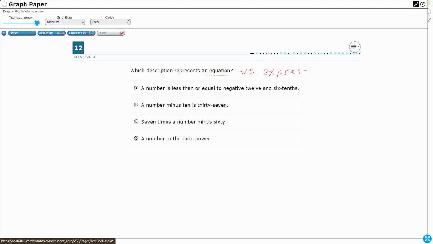So let's define before we move on. Let's first talk about what is an expression. An expression is basically a math phrase, and here's the key: it does not include the equal sign. So an expression could simply be 7. It could just be a single term.